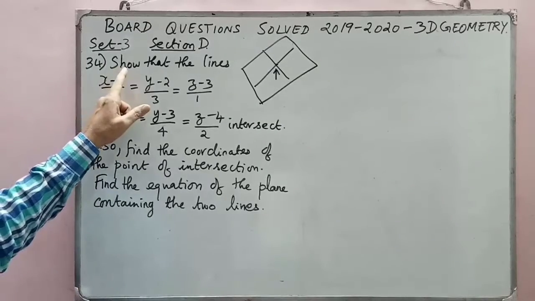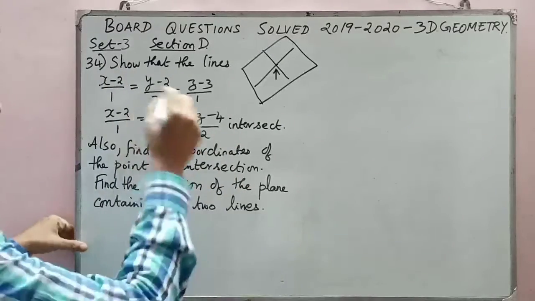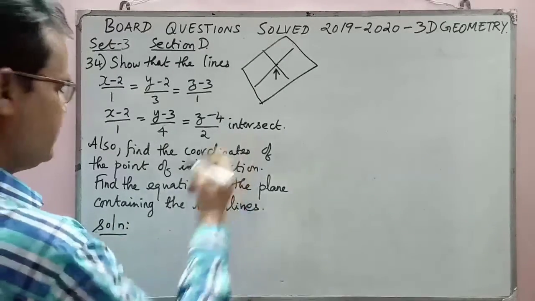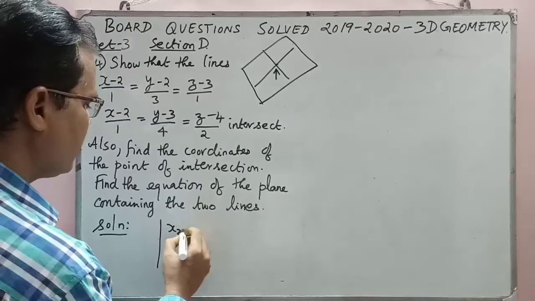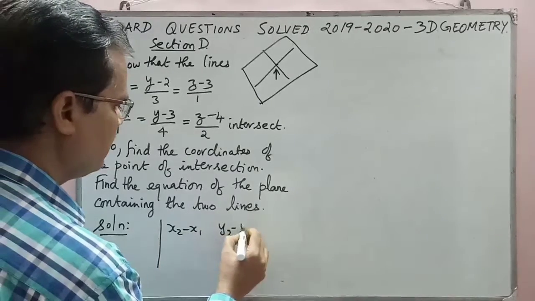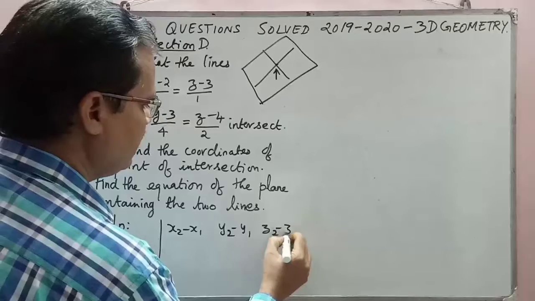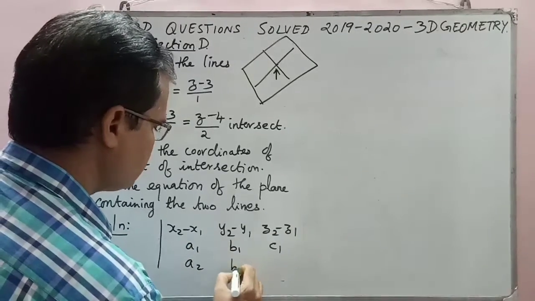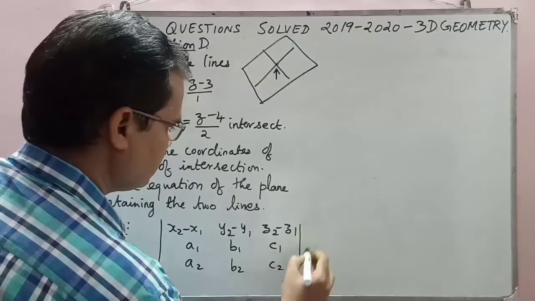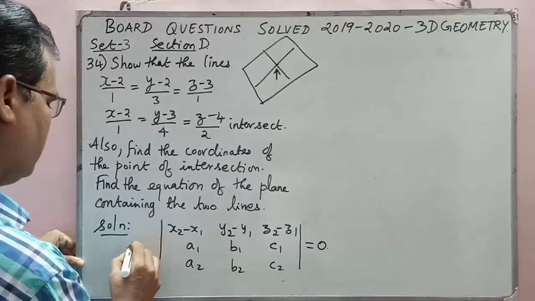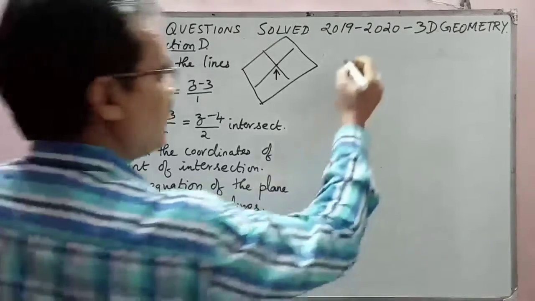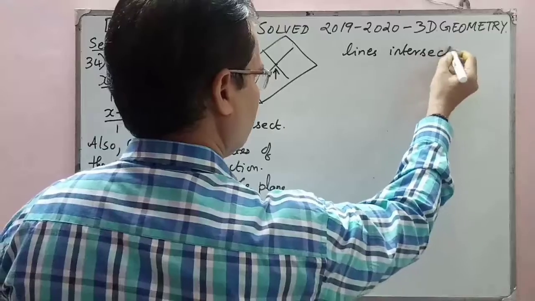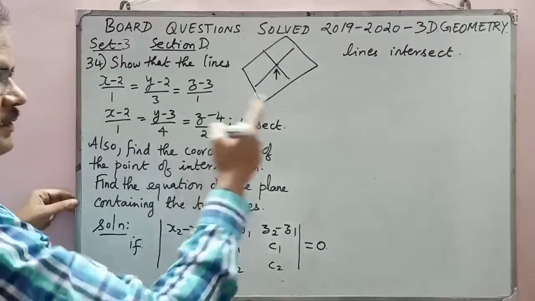The first is we are going to show the two lines are intersecting. The condition for the lines to intersect is the determinant of x2 minus x1, y2 minus y1, z2 minus z1, a1, b1, c1, a2, b2, c2 equals 0. If this is 0, then you can say lines intersect. So knowing this formula, we will start.